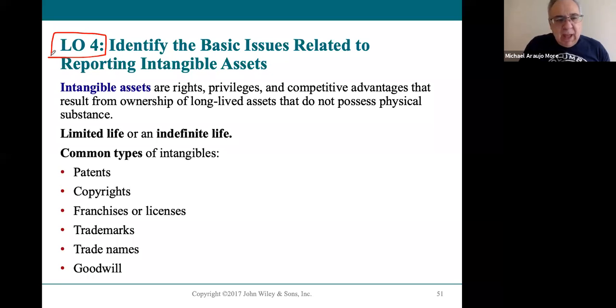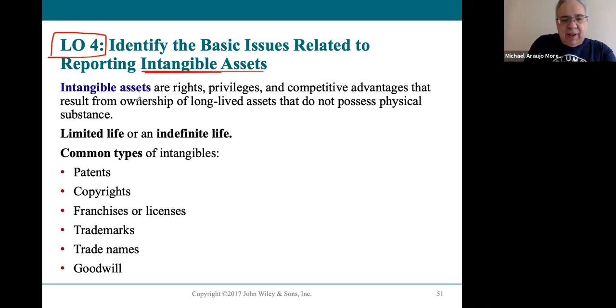Okay. Learning Objective 4 is all about intangible assets. And I can't tell you how important intangible assets are, because many of the largest businesses that you know are run on intangible assets. Now, what do we mean by that?